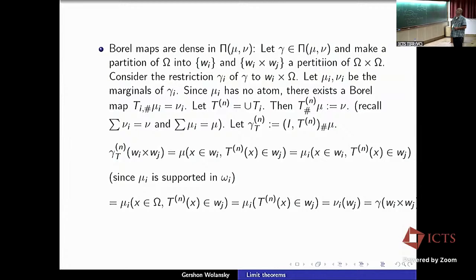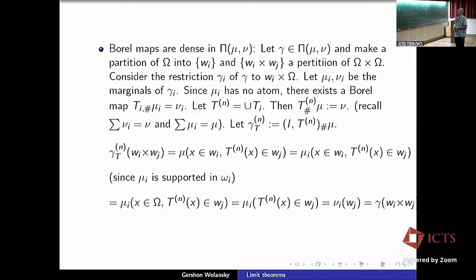So let's take gamma in the set pi of mu, nu. Make a partition of the set omega into small cells and look for the composition, mu i, mu j. We assume here that x and y are the same space, without limitation of generality. So x and y, I call them both omega. We make a partition of omega and look at the tensor product of the partition of omega plus omega.